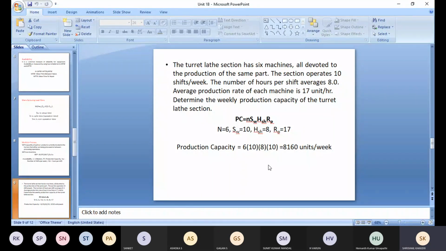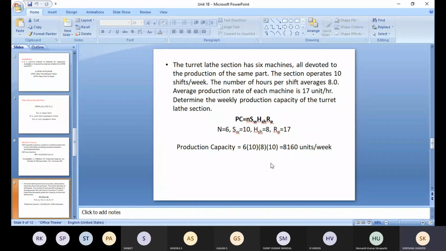A turret lathe section has 6 machines. N is equal to 6, and all devoted to the production of the same part. That means it is a job shop production. The section operates 10 shifts per week. So SW is 10 and it works 8 hours per shift.